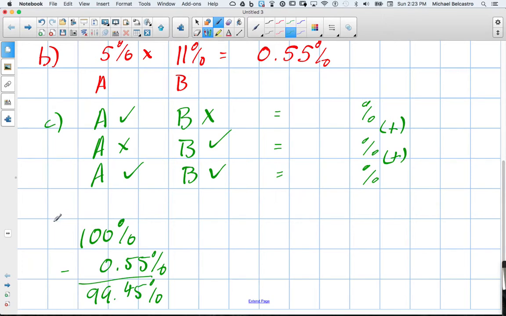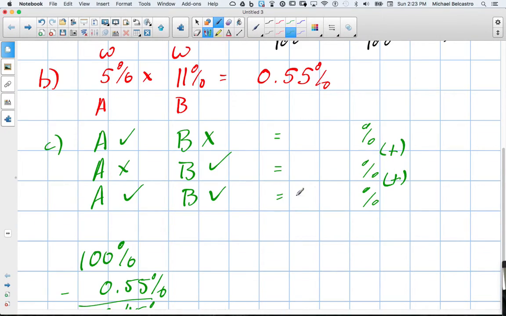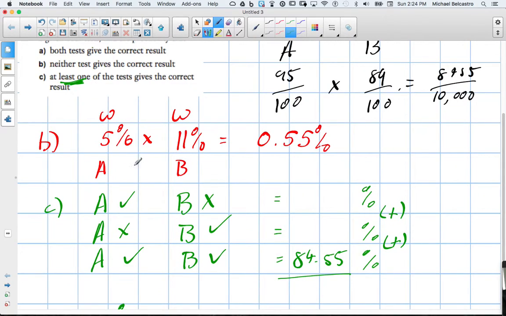So I did this the fast way, but we can check this the other way if we like. We've already done A and B at the very top. The probability of both of them being correct we know is 84.55%. That was the first one. But we're going to double check our answer that we got through our shortcut. What's the probability that A is wrong but B is right? Well, the probability of A being wrong we already know is 5%.